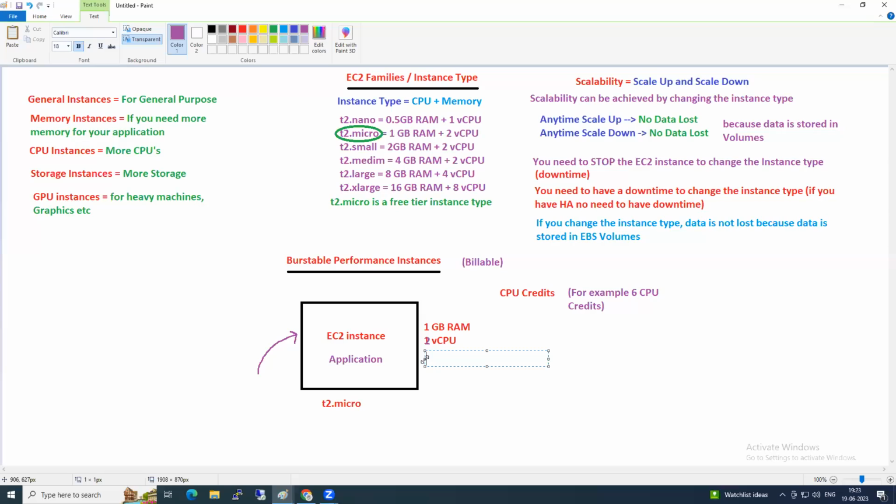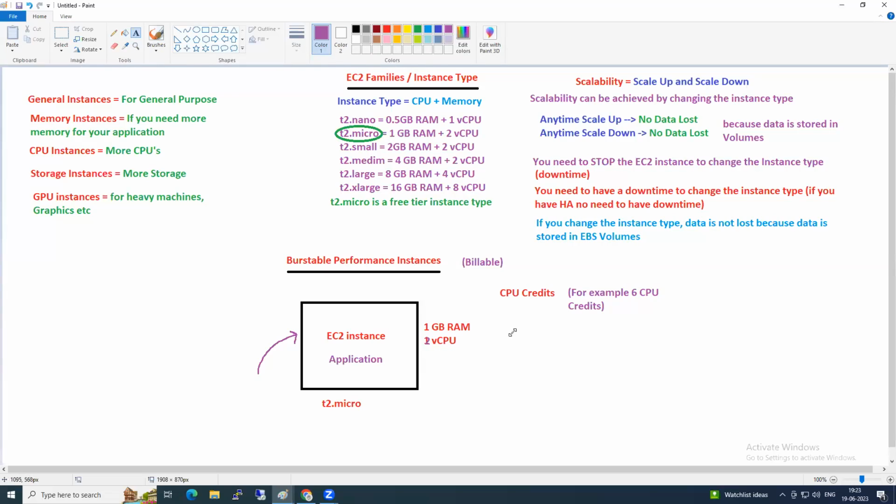Do you need to worry about how they are giving the CPUs? No need. It's just a matter of a checkbox, an enable or disable concept. You want this feature or not, enable it, otherwise disable it. If you enable it, you will get the CPU credits.